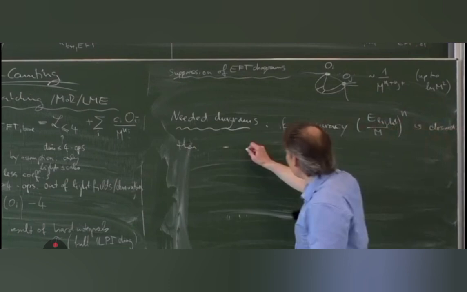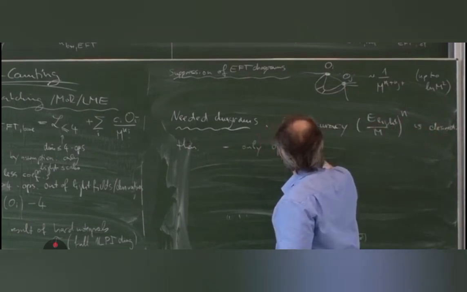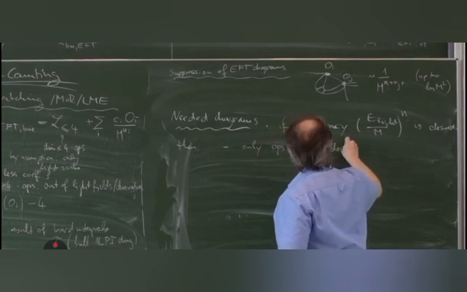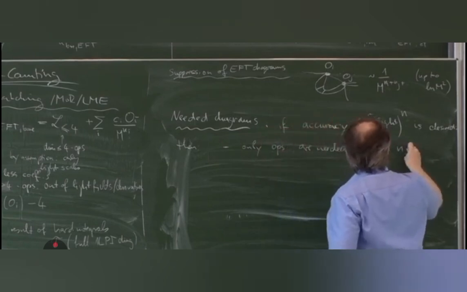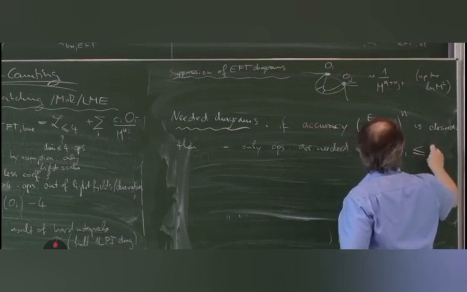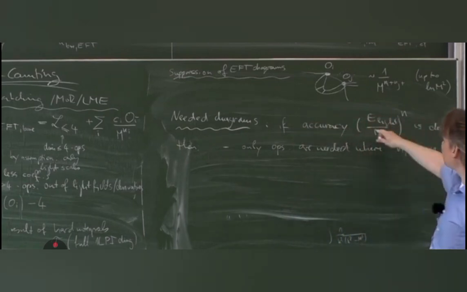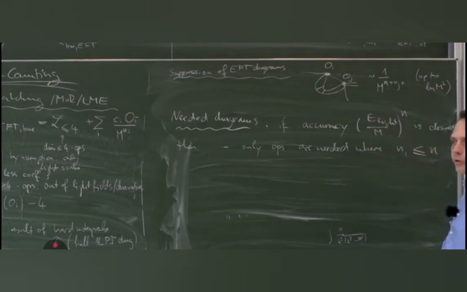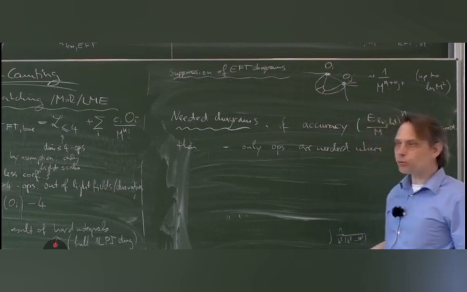Therefore, only operators are needed where ni is smaller or equal to n. So we have a prescribed accuracy goal, and then we know that only a limited number of operators are necessary and all other operators should be neglected.